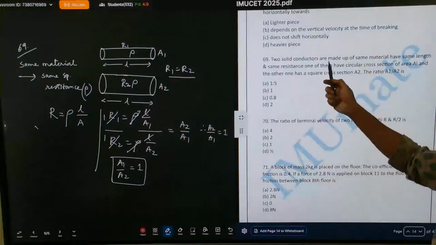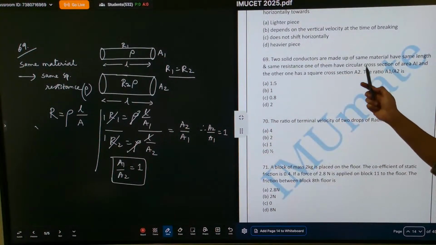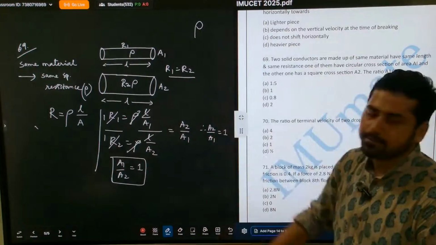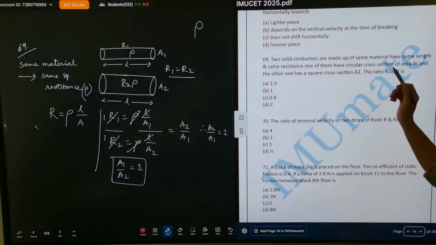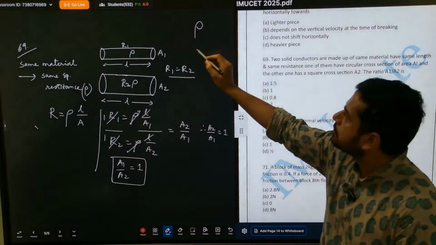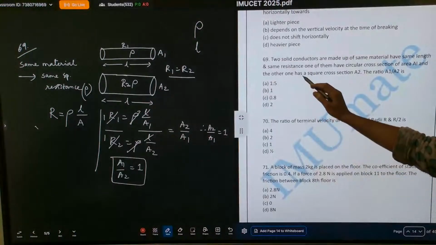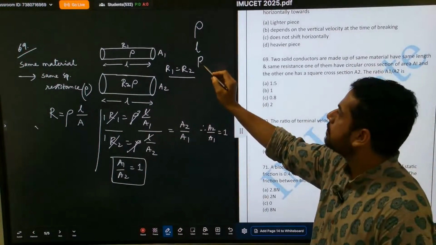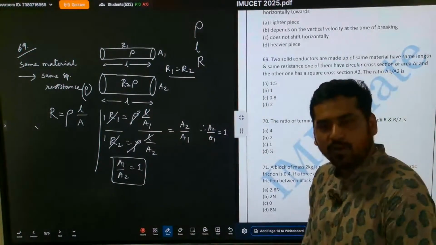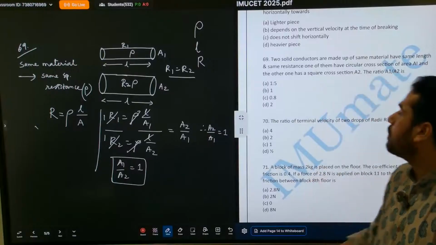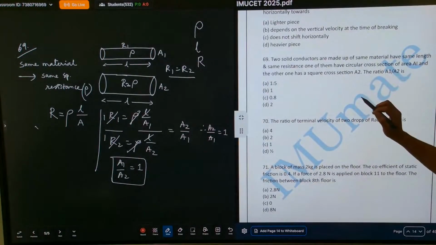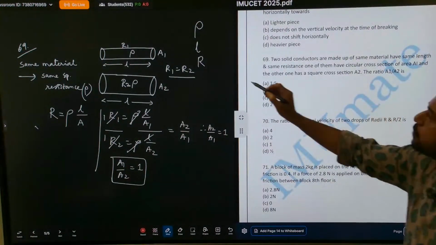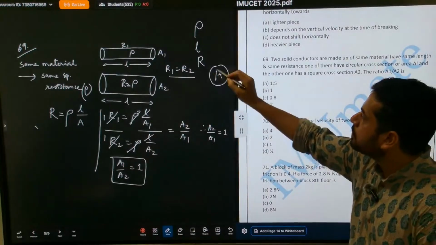Two solid conductors are made up of the same material. So what is the same? Rho. Just look one by one. Same length. What is the same? L. And same resistance. What are the ratio, area of cross section? A1 and A2. So they also have to be the same now. Why?